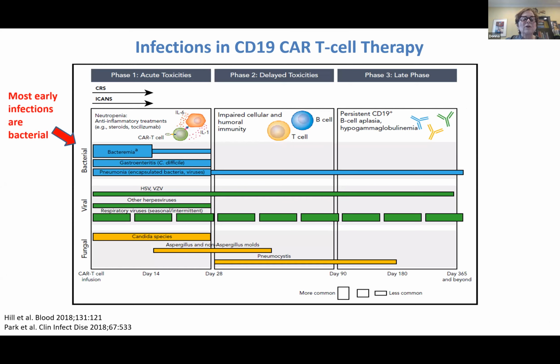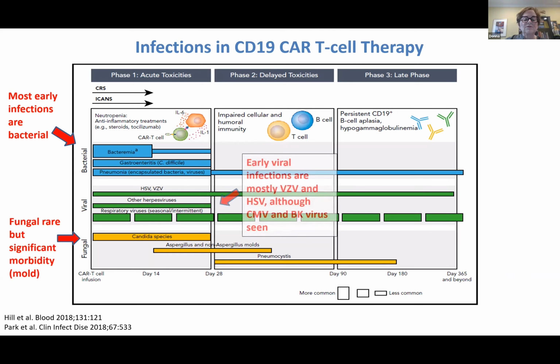infections. Early infections are usually bacterial, particularly pneumonia, but there's also a smaller risk of fungal infections that we rarely see with normal or previous myeloma treatments. Viral infections must be considered.